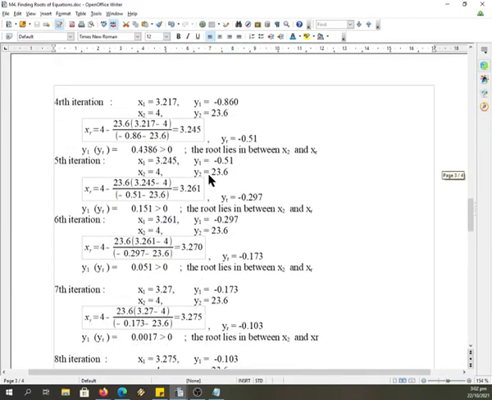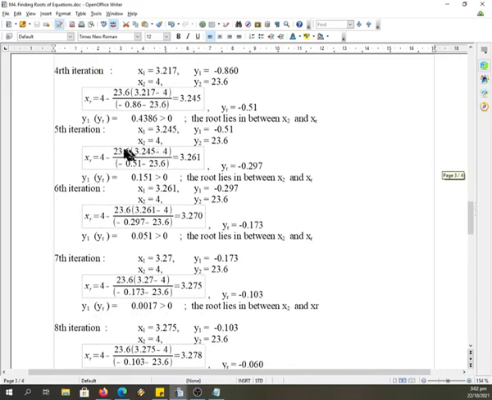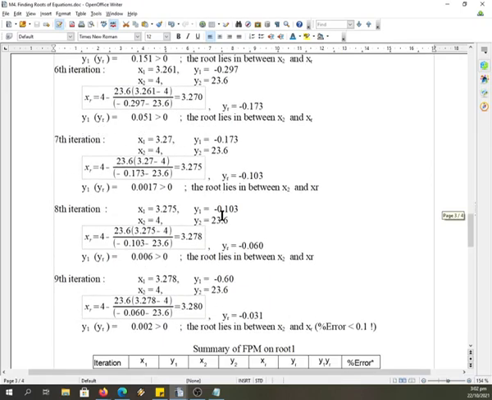Now I have done the fourth, fifth, sixth, seventh, eighth, and finally the ninth iteration to determine a percent error that is compliant with the tolerance. The tolerance is less than 0.1, and this now becomes, I think, 0.06.